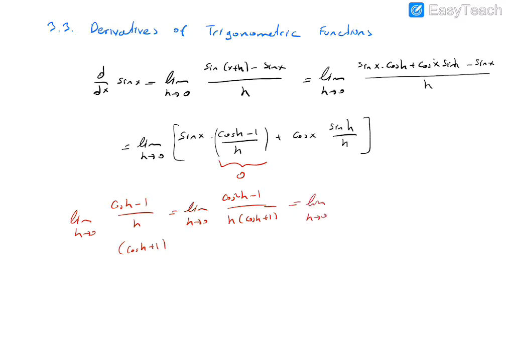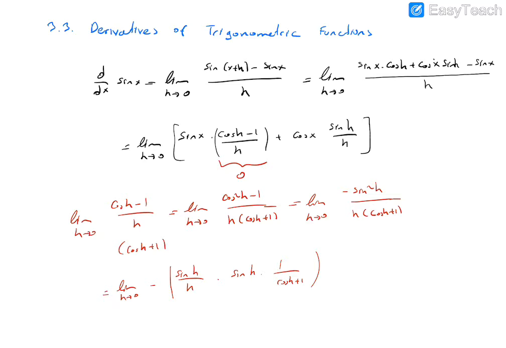Because 1 minus cosine squared h is sine squared h, this is minus sine squared h over h times (cosine h plus 1). So this equals the limit as h goes to 0 of minus (sine h over h) times sine h times 1 over (cosine h plus 1).